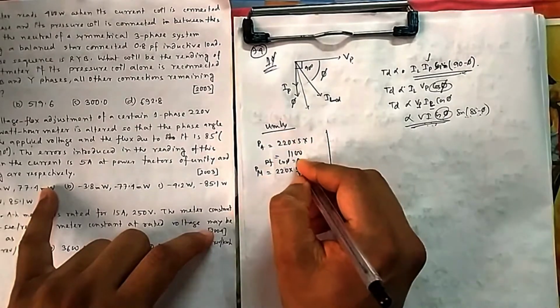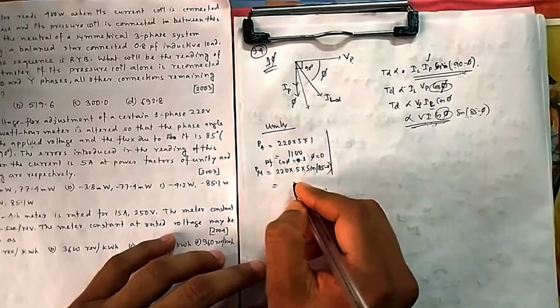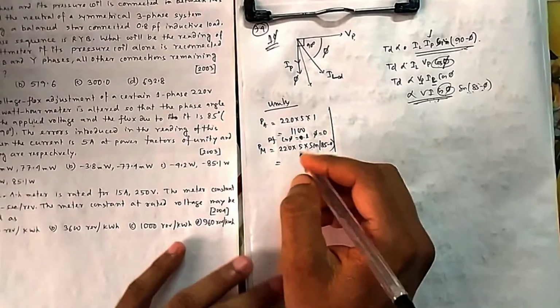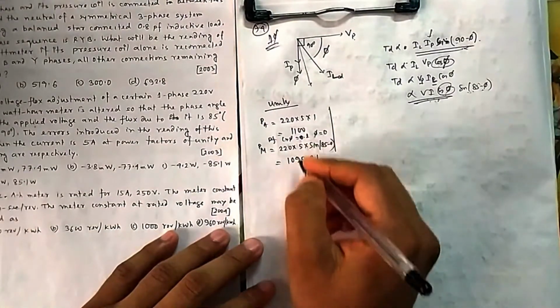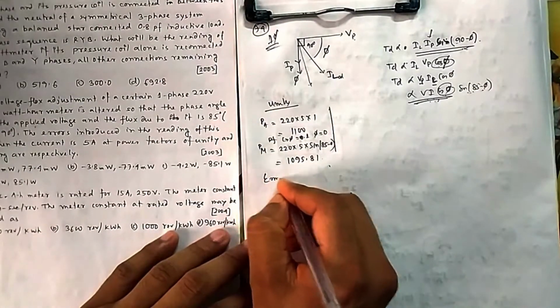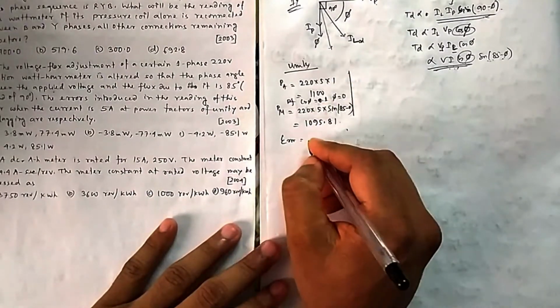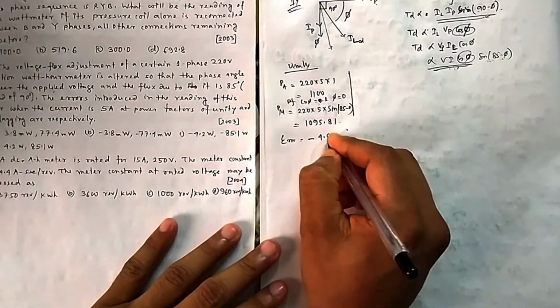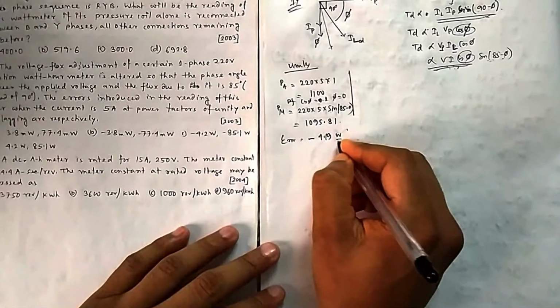We have done for unity power factor 1, so phi is here 0. So 85 minus 0, it will be sin 85. If you do this, you will get 1095.81. So the error is because of the positive negative sign. It is less than 1100, so it is minus 4.2.